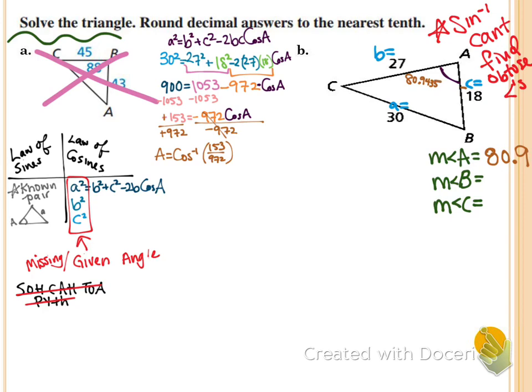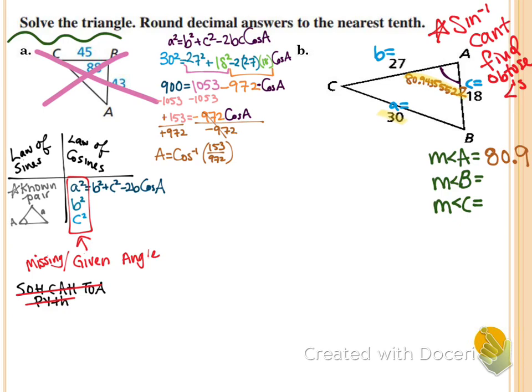So give me a second and I will write it. 5, 2, 2. I know it's not pretty, but we have a known pair, and now we can find the remaining angles using the law of sines, because now we have a known pair.